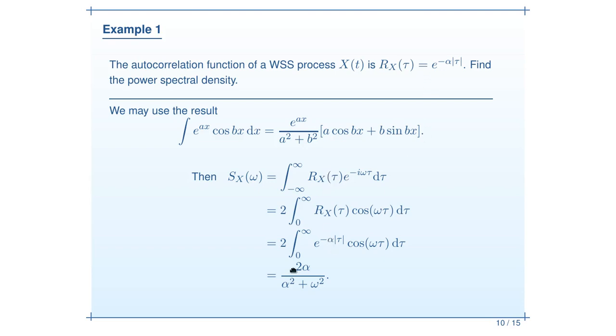But because this is a Fourier transform pair, if we know one side of the Fourier transform, we already know the other side. So one side is easier to prove, that the Fourier transform of e raised to minus alpha mod tau is 2 alpha by alpha square plus omega square. So automatically the inverse Fourier transform of 2 alpha by alpha square plus omega square is going to be e raised to minus alpha mod tau.